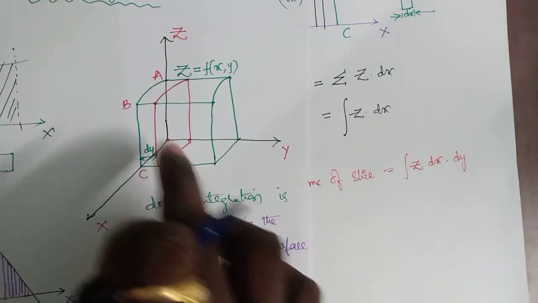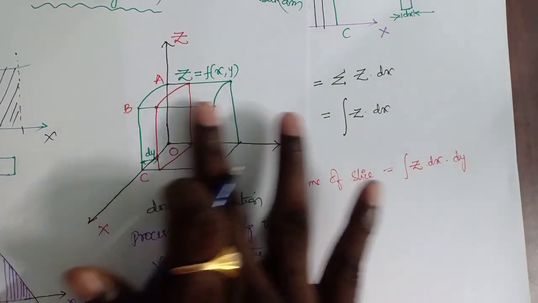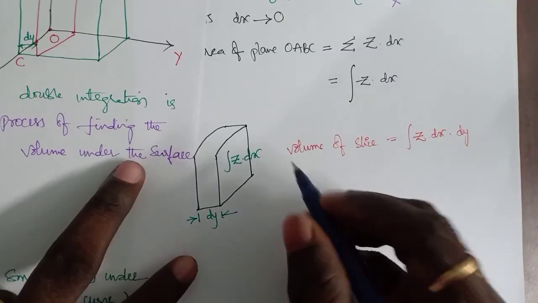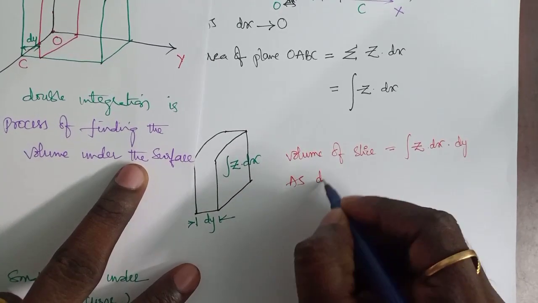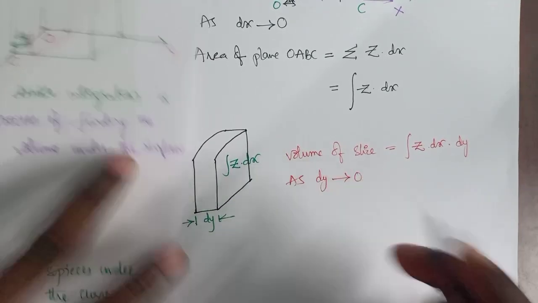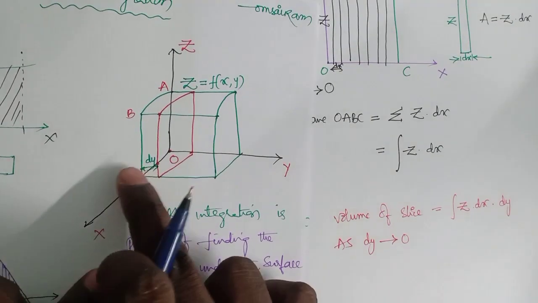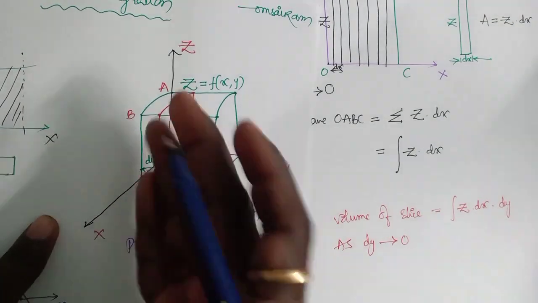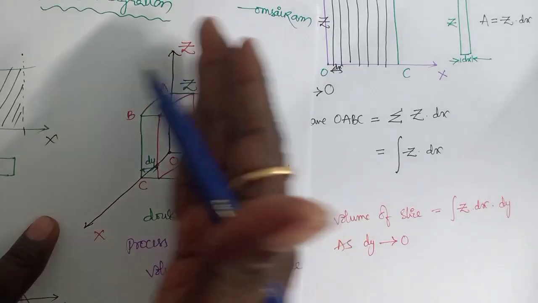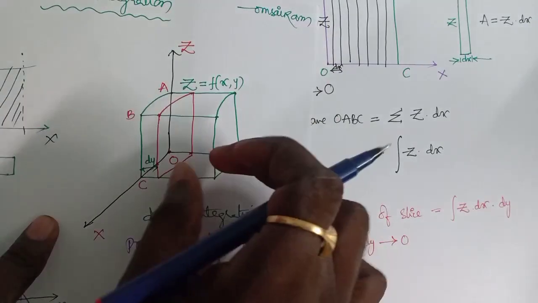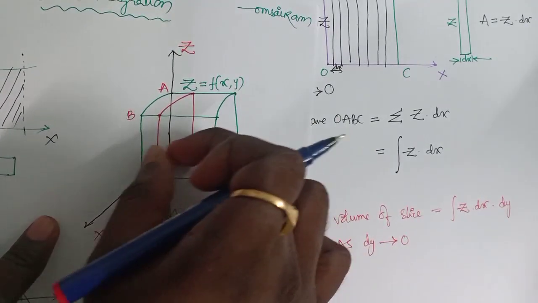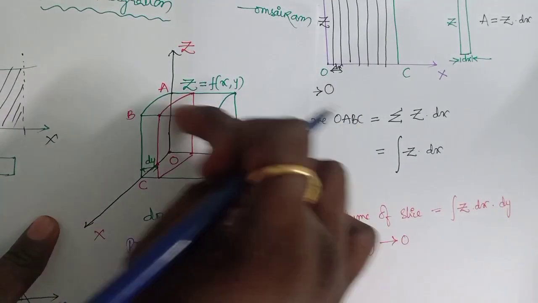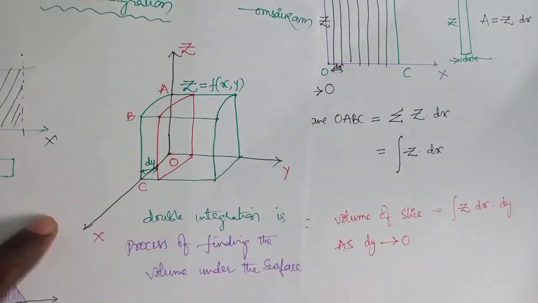How many slices do we have under this surface? An infinite number of slices. As dy approaches 0, while adding all the slices under this surface, we get the volume of the entire surface.